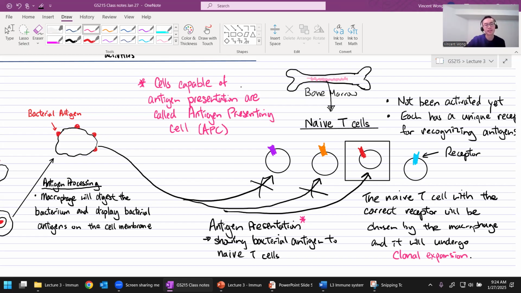Macrophages are APCs, okay? But neutrophils are not. It's not able to do this.